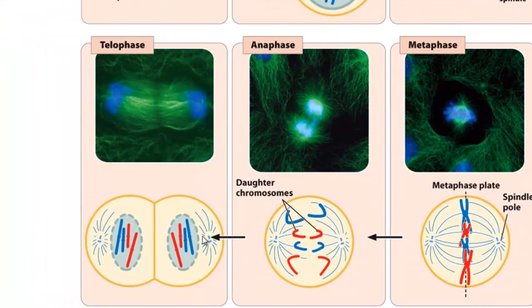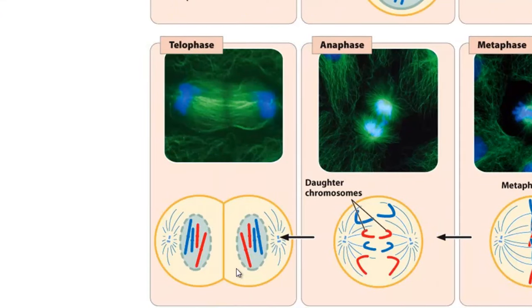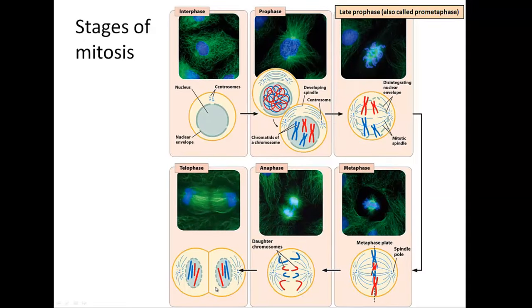In telophase, the chromosomes reach those spindle poles and the nuclear envelopes will start to reform and the DNA begins to decondense. At the very end of telophase, the cell will then undergo cytokinesis, and splitting the cytoplasm is just dividing it into two.